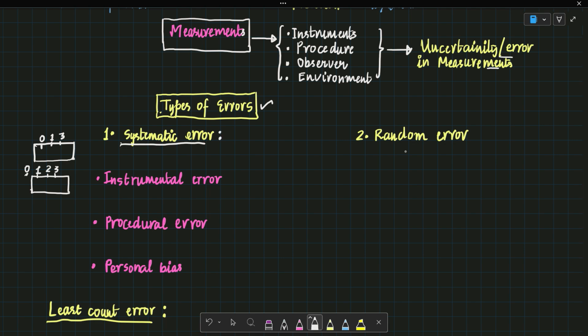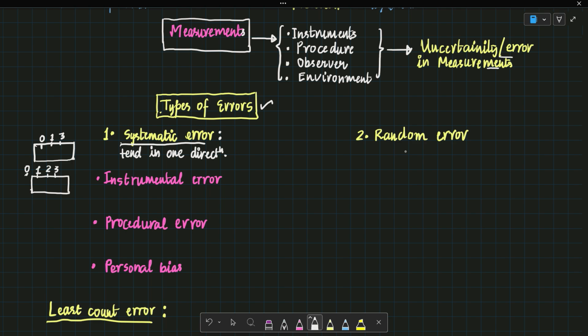Systematic error tends to be in one direction. This means that zero positive error or zero negative error tend to be in one direction. And further, systematic error is divided into these.